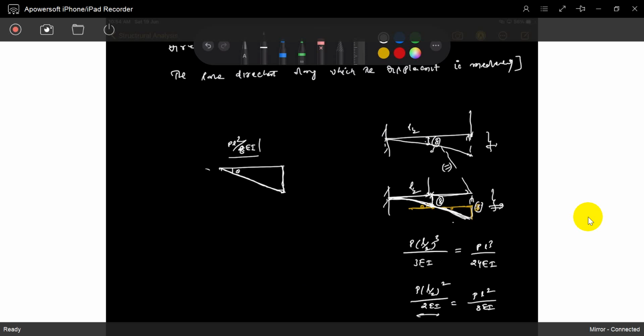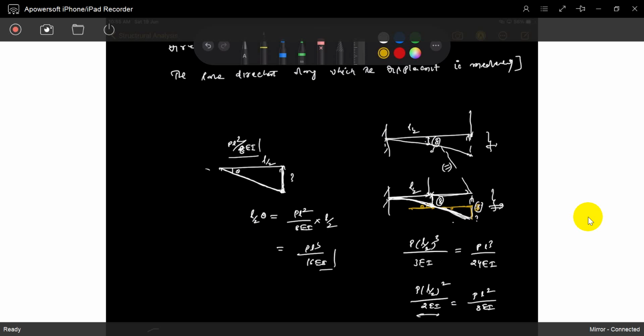So okay, this length is L by 2, the remaining half portion. What is this value? This value is L by 2 into theta. So what is that value? PL square by 8EI multiplied with L by 2. So that is PL cube by 16EI. That's it.